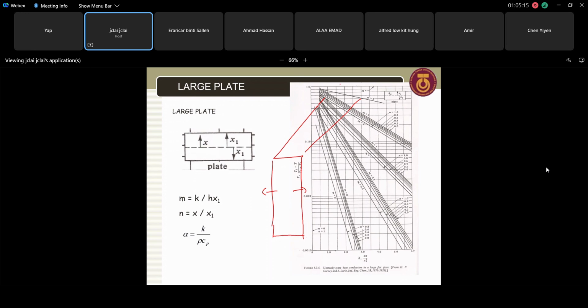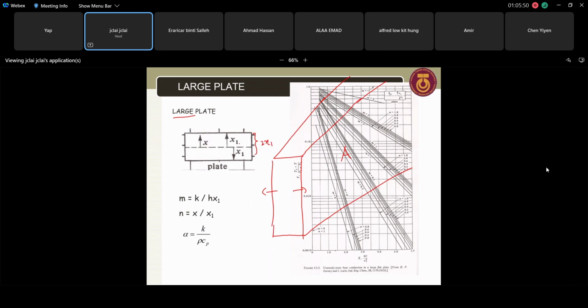It's very big, so we say large: a large plate, a large wall, a wall with very big surface area. The thickness is finite, and heat is lost through both surfaces. So the thickness is 2x.